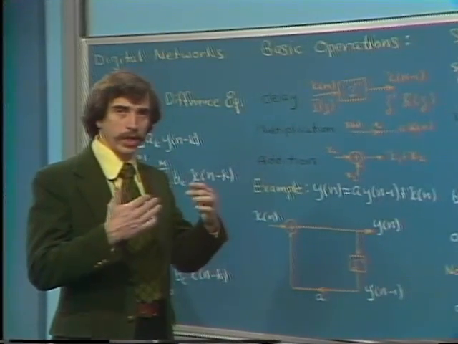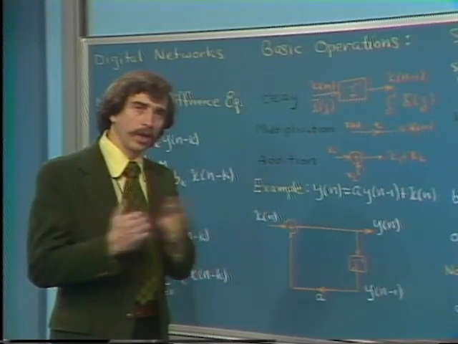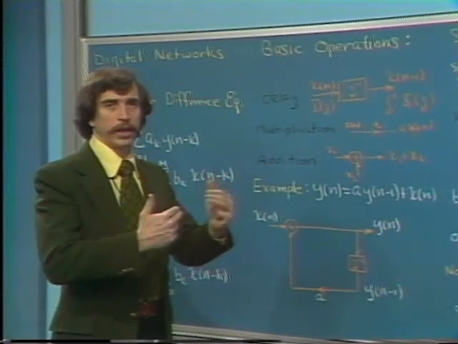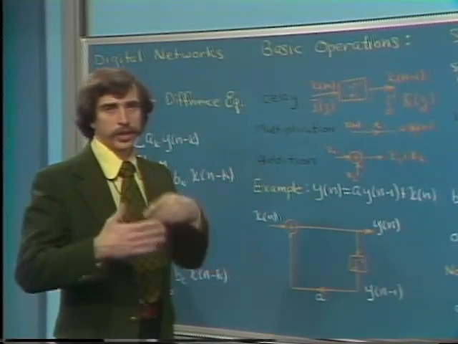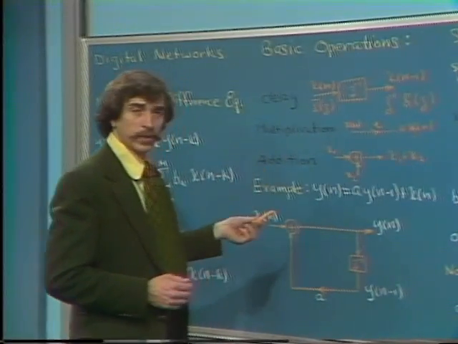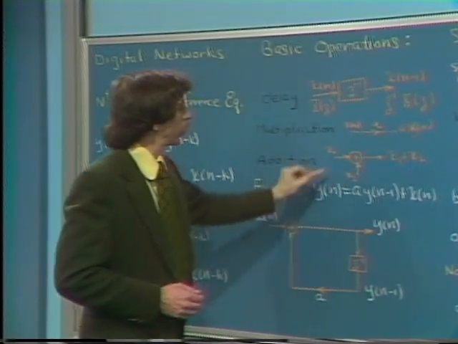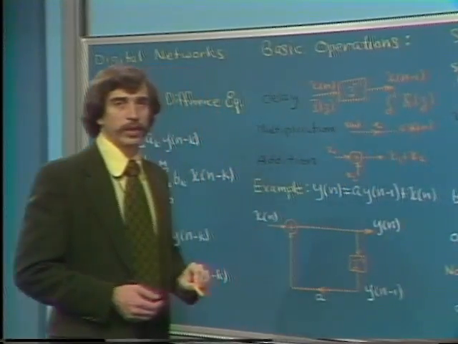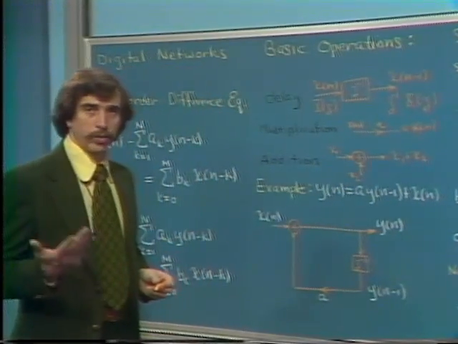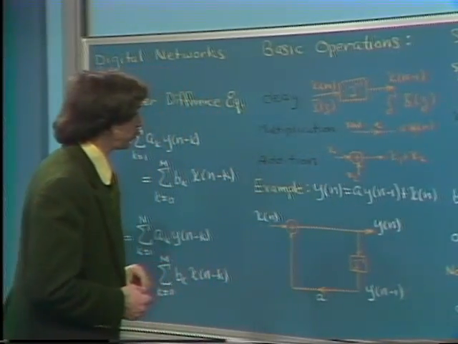In other words, we accumulate a large number of terms by adding two terms together, then adding one to that, and adding another one to that, etc. So it's convenient in that sense to think of the addition as always being a two-input, one-output addition. Of course, if we accumulate three terms, then it would require two adders to do that.